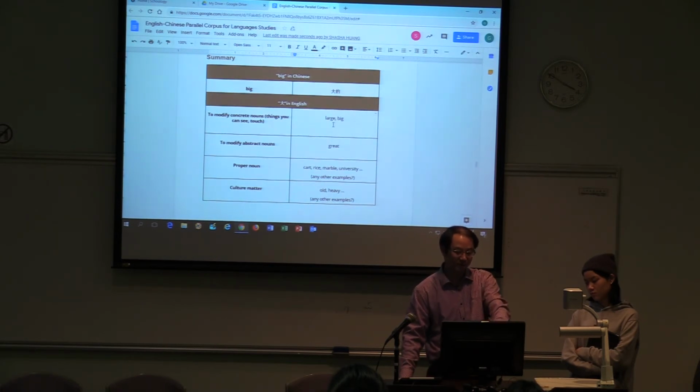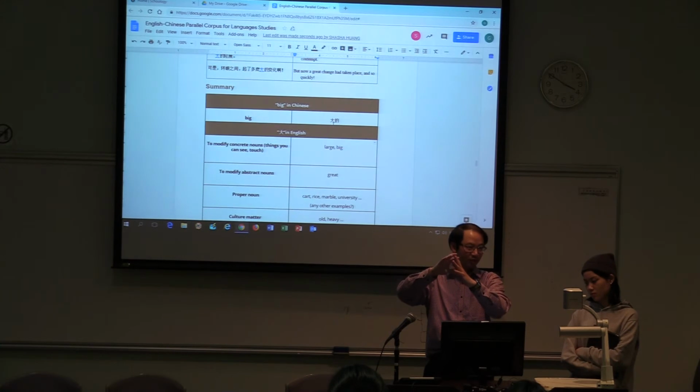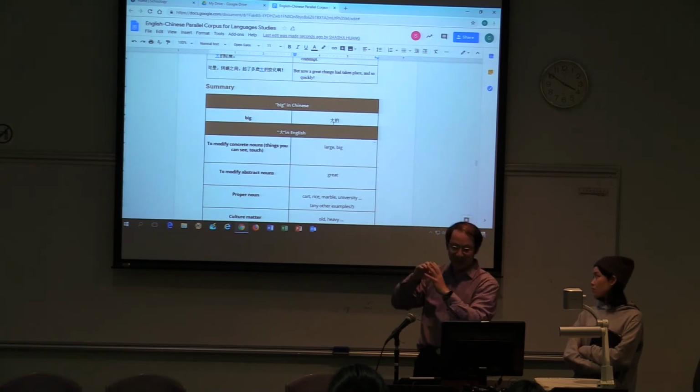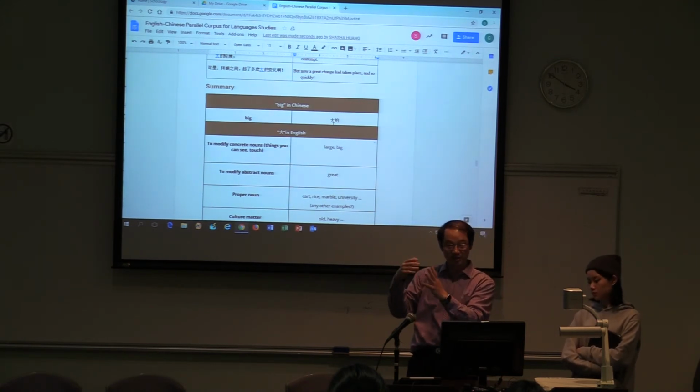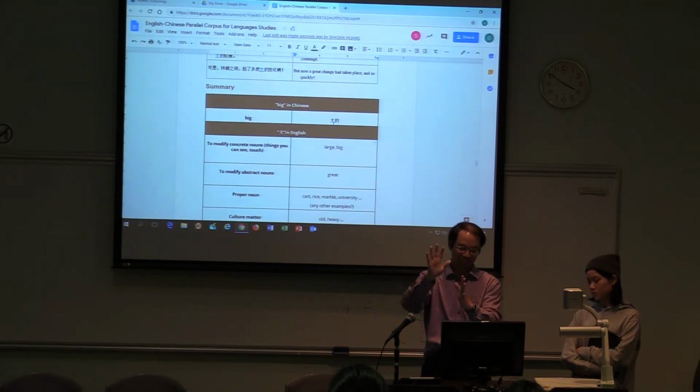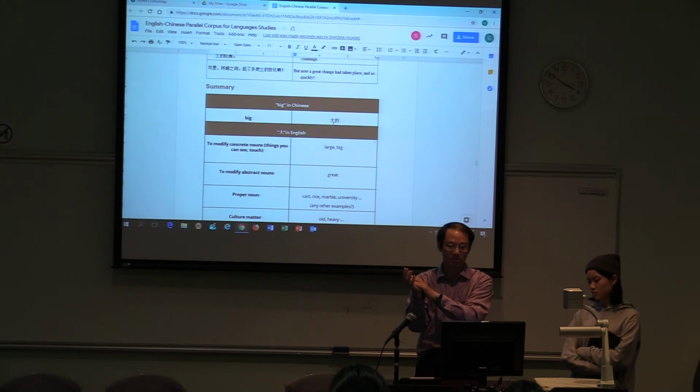You can have a very systematic analysis, maybe of all the examples you analyzed, and try to create as many possible categories as possible. It's almost like a piece of research you have done. So according to my research, I have found all these different categories of how big is translated into da and how da is translated into big in different manners.